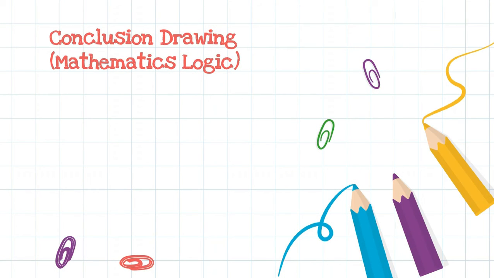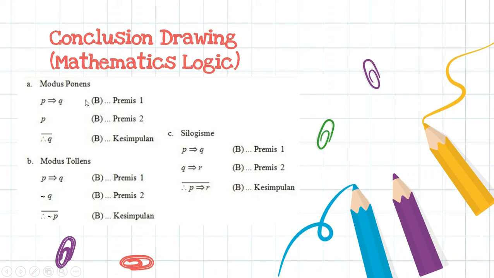Okay, for the last material is drawing conclusions. Drawing of conclusions is concluding from several compound statements that are interrelated. Drawing conclusions consists of several ways, namely A. Modus ponens, B. Modus tollens, C. Syllogism. A. Modus ponens. P then Q is premise 1, P is premise 2, so the conclusion is Q. B. Modus tollens.